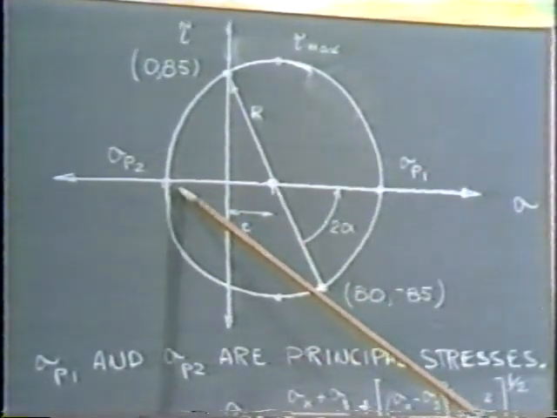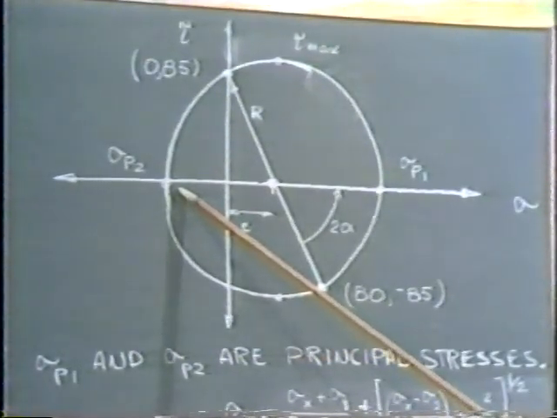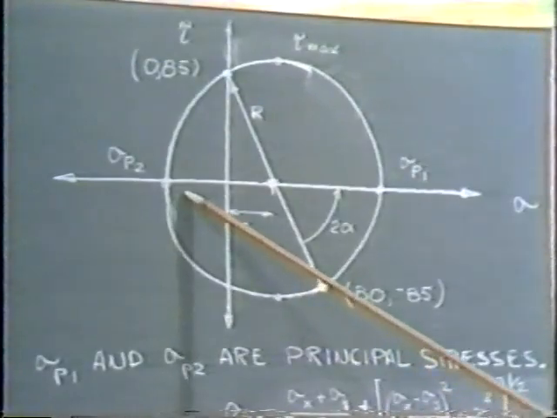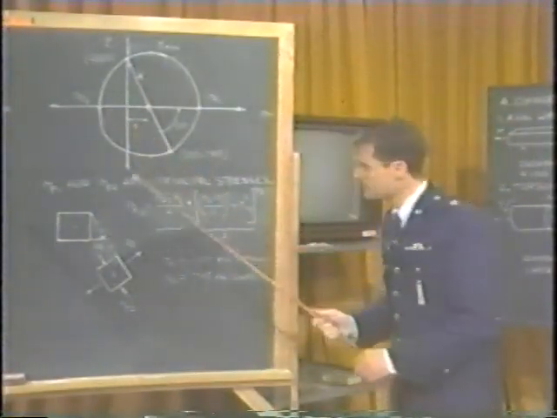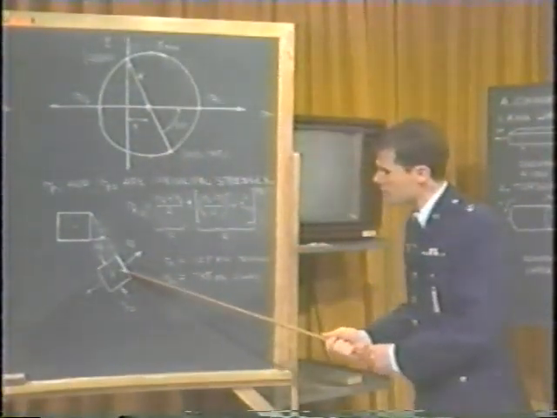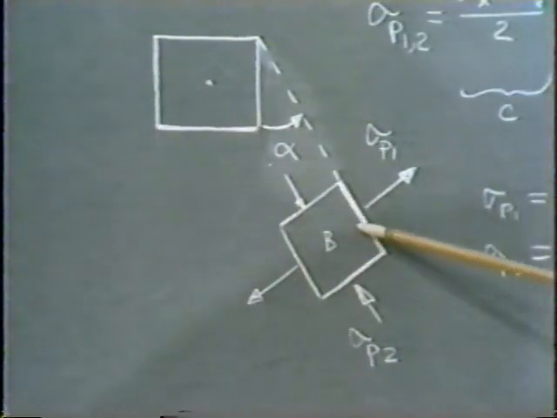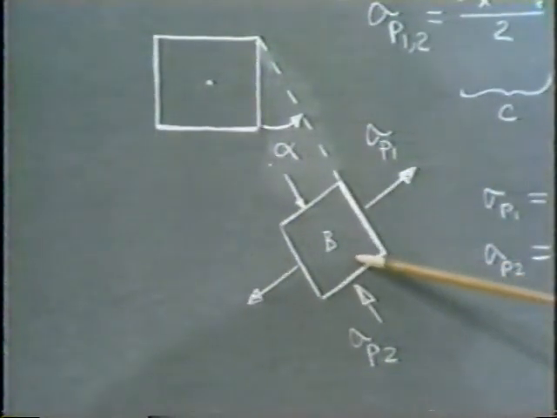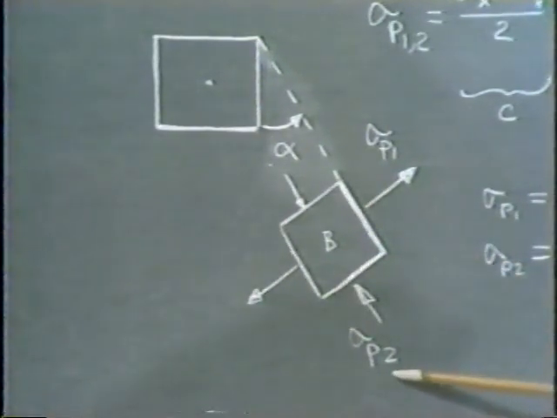Let me travel half the radial distance on my stress block in the same direction to find the second principal stress. So let's go down below. From the first principal stress, I'll travel a radial distance equal to 90 degrees instead of 180 to find the location of the second principal stress.